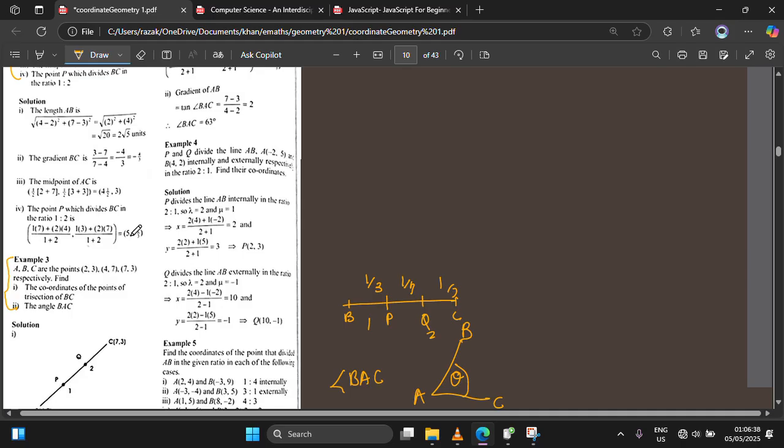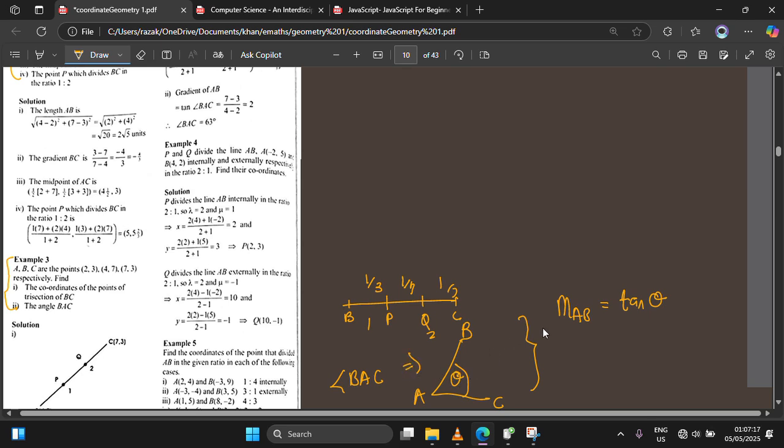So from this diagram, you can see that the angle here can be calculated from the gradient of AB. So if we find the gradient of AB, then equate it to tan theta, then we can find theta. So the gradient of AB is equal to tan theta, and we are finding theta, which is our angle BAC, because that's the angle here.